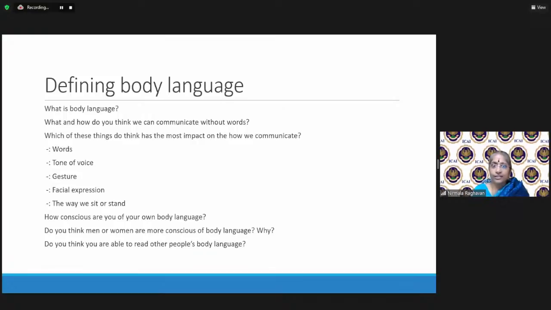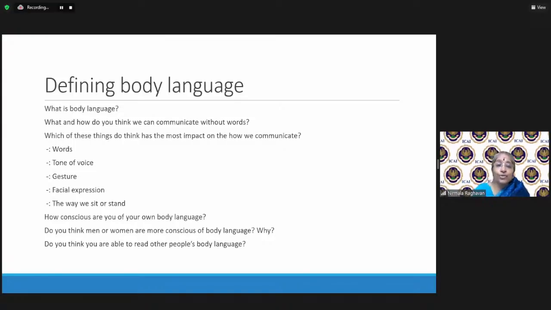Yes. And the tone matters a lot when you speak. Gestures. Gestures are movements of your body, shrugging your shoulders, nodding your head sideways or this way. Facial expressions, where your face shows whether you're happy or you're sad or you're frustrated or you're disturbed, whatever. The way we sit or stand, you sit in a proper position, in a relaxed way, leaning a little forward. It tells the other person that you're listening very, very carefully, right?